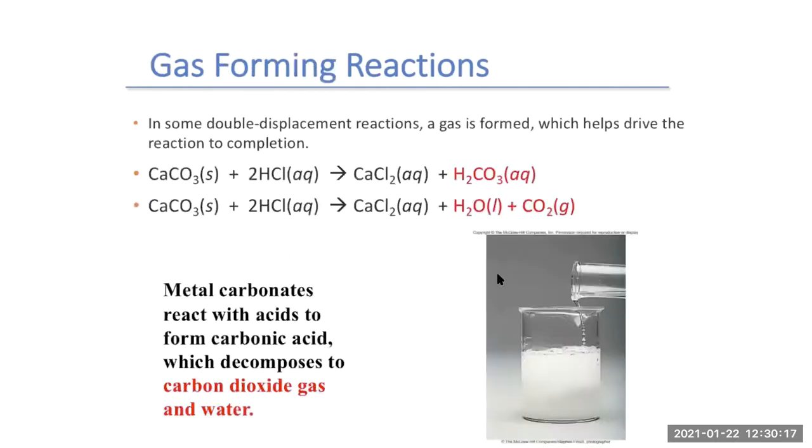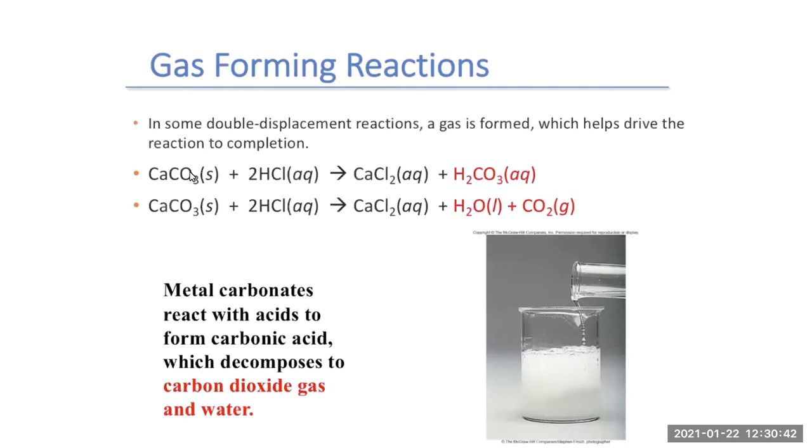Now, going a little further with our acid-base reactions and still doing double displacement, we have what we call gas-forming reactions. And that occurs when we take a base and an acid, and sometimes we end up with a gas. So this is most common when we have carbonates and sulfites.